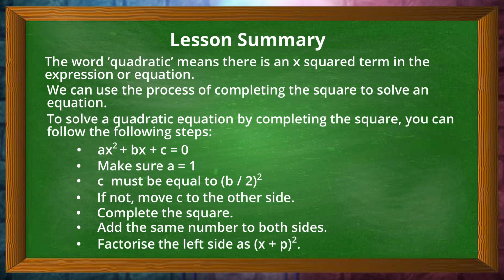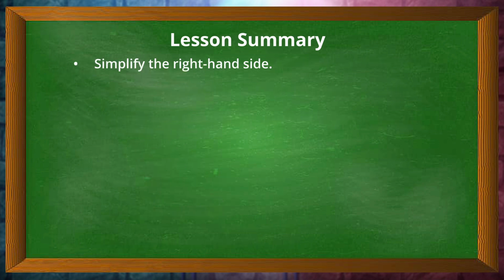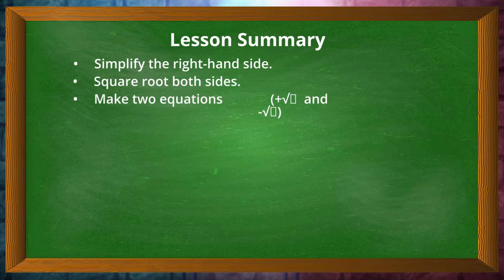Factorize the left side as open bracket x plus p close bracket squared. Simplify the right hand side. Square root both sides. Make two equations, positive square root and negative square root. Solve each to find two solutions for x.